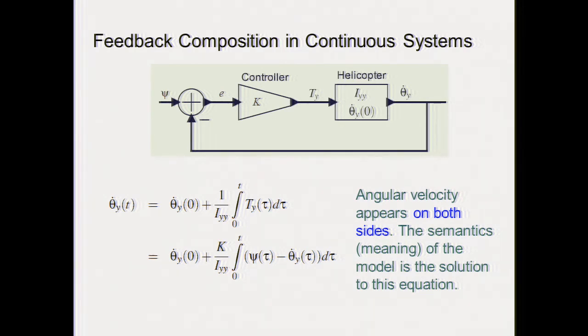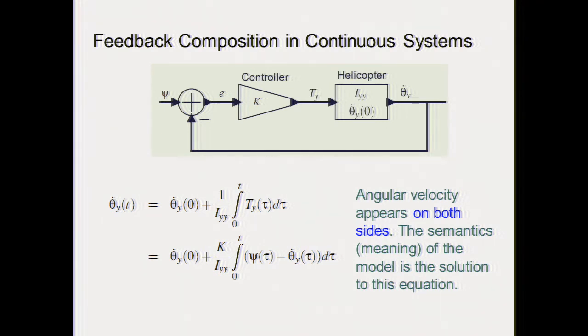Now, tau y is equal to psi of t, which is the primary input, minus the feedback signal that comes in, which is the input E of the controller K. When I look at theta dot y here, and I look at theta dot y here, there is a variable that occurs on the right and on the left, which means that in order to find the value of that variable, I have to solve that equation.